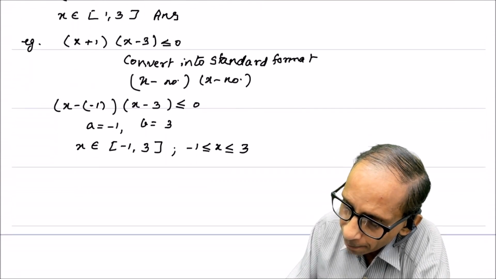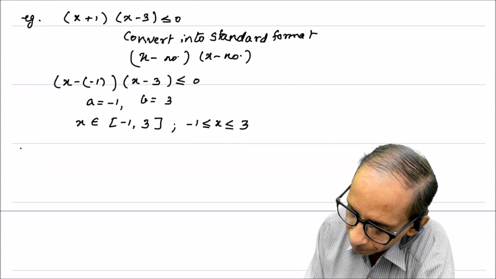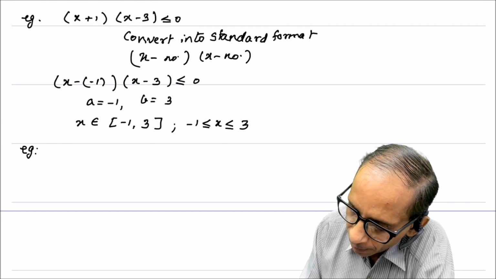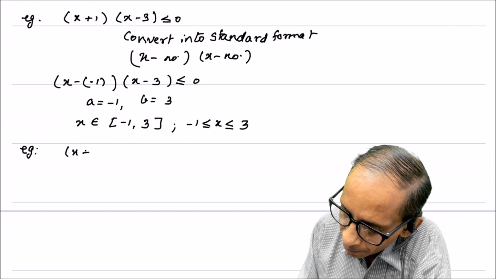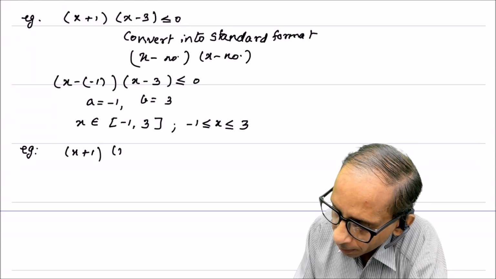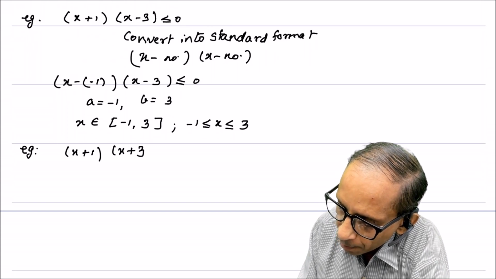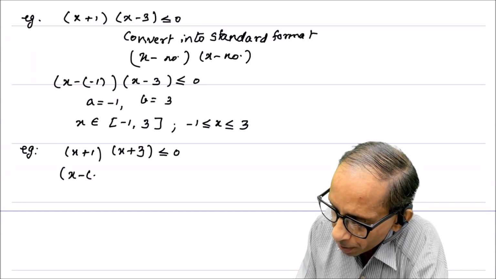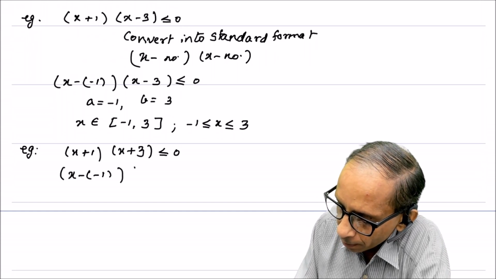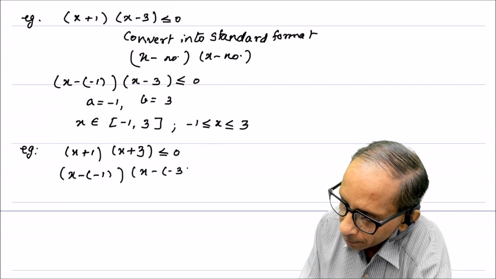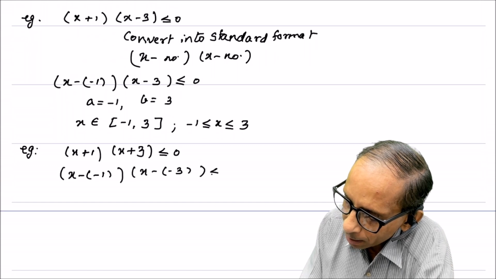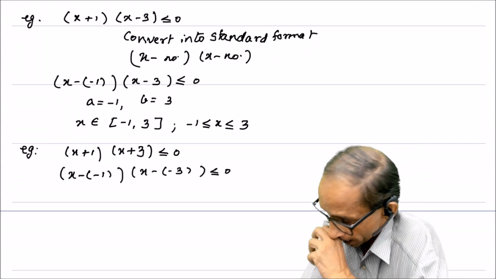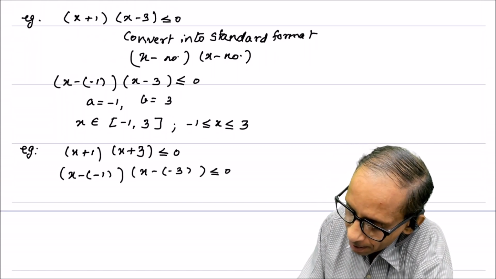As a third example, we may also consider (x plus 1)(x plus 3) less than or equal to 0. So we convert it into the standard form, x minus type of format. So both the brackets are now of the format x minus and x minus.